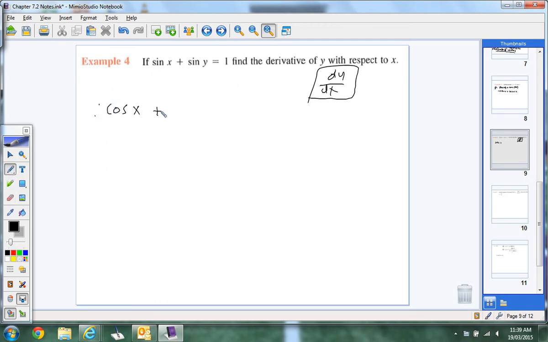What's the derivative of sine y? Cos y dy/dx. Right? And the derivative of 1 is 0. All you do is subtract the cos x.